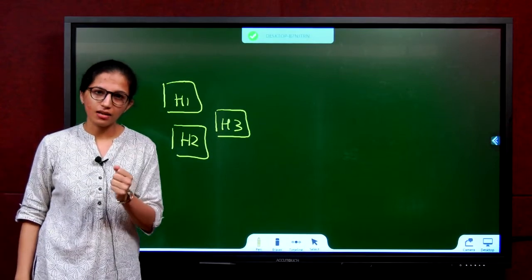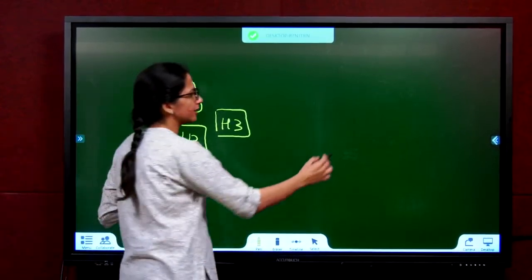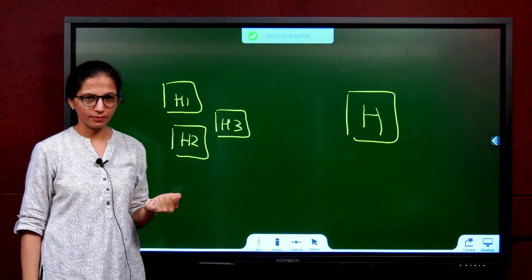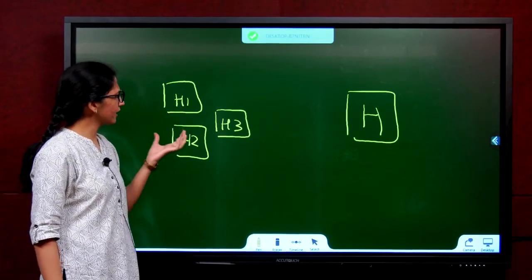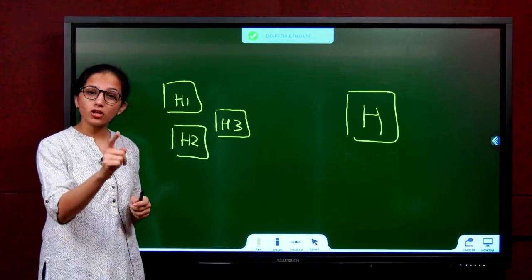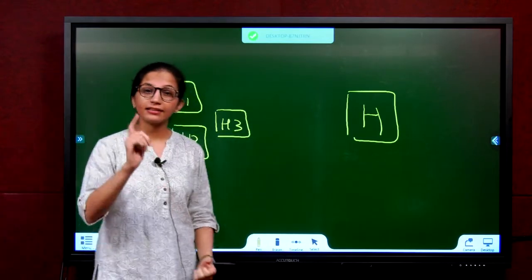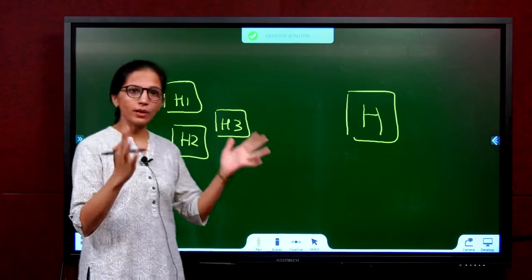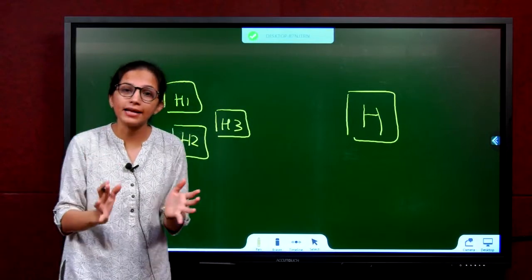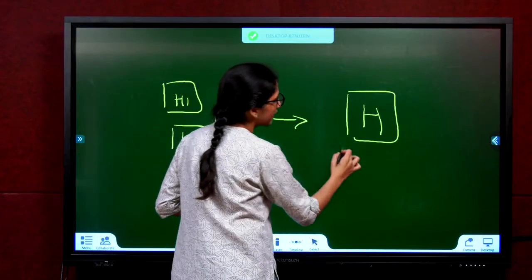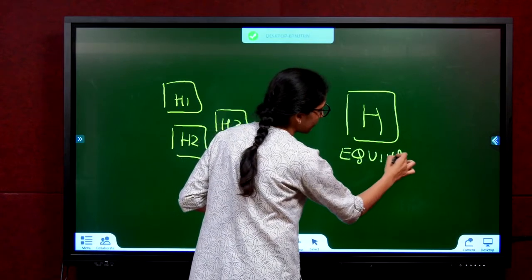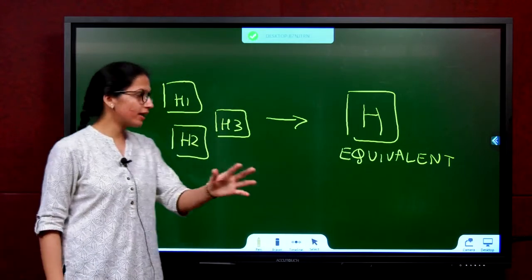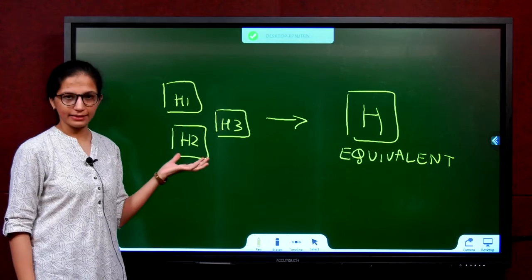Is it possible for you to buy one heater that does the job of all the 3 and heats up the room? Yes, it is possible to buy one heater that does the work of all the 3 combined. This heater will be called the equivalent heater. That means this one heater is doing the job that is equivalent to 3 heaters.